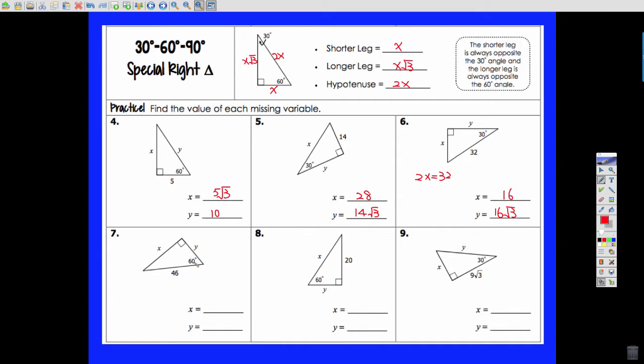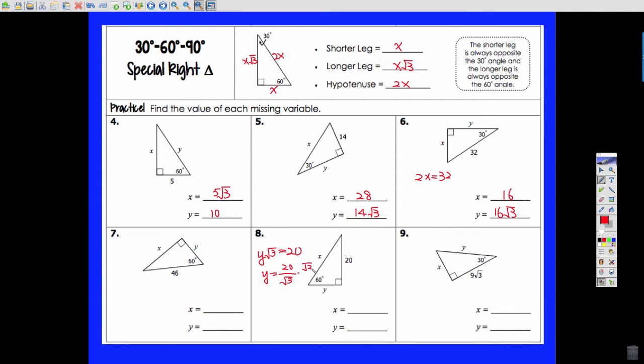Over here, number 7 is exactly the same as 6, so I'll leave that alone with you. The number 8 is different. If I have short leg being y, I don't know what my short leg is, but I know my long leg. My long leg is root 3 times my short leg, which is y, equals 20. Y would equal 20 divided by root 3.